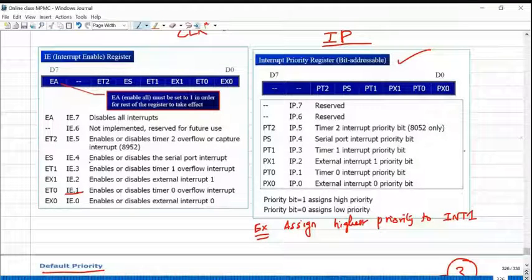Yes, sir. In this interrupt priority register, which bit position corresponds to INT1? Sir, PX1. PX1 is the bit position to assign highest priority for INT1. So it should be 1, and the remaining all are 0.